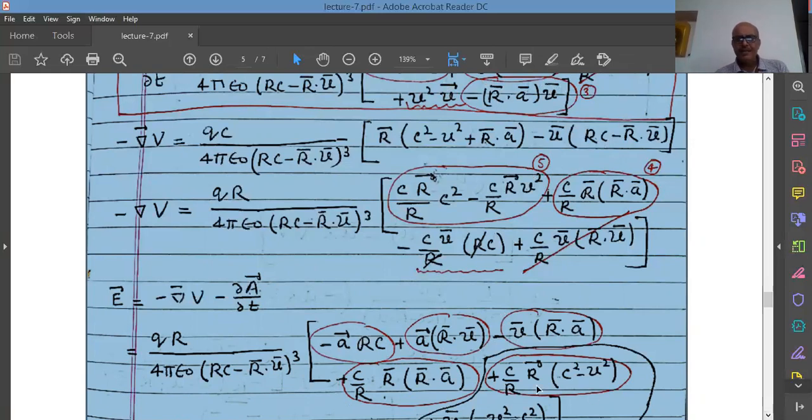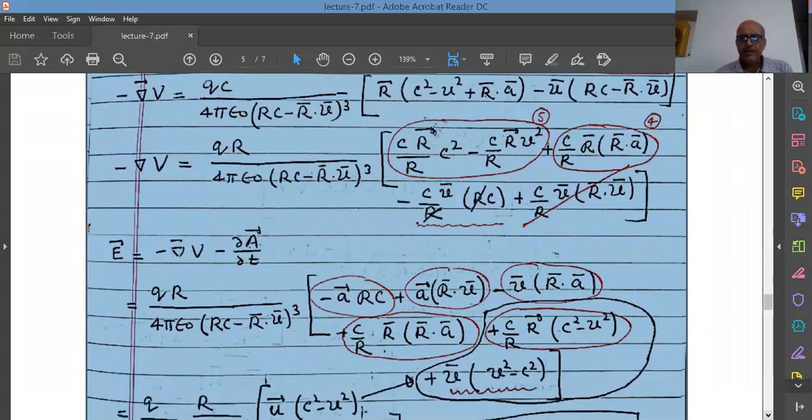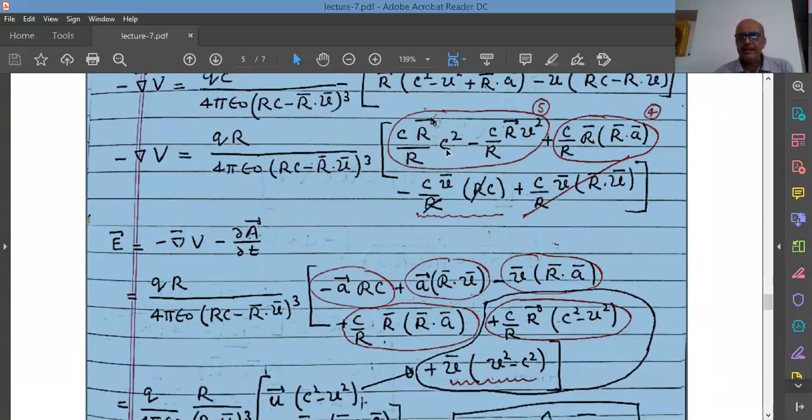Fifth term is a c upon R. You can see this fifth term, c upon R, is common. R is also common, and then inside the bracket we are left with c square minus v square. So this is c square minus v square, and then the sixth term that I have not named here can also be written as R and R cancels out. So it is vector v and then v square minus c square.